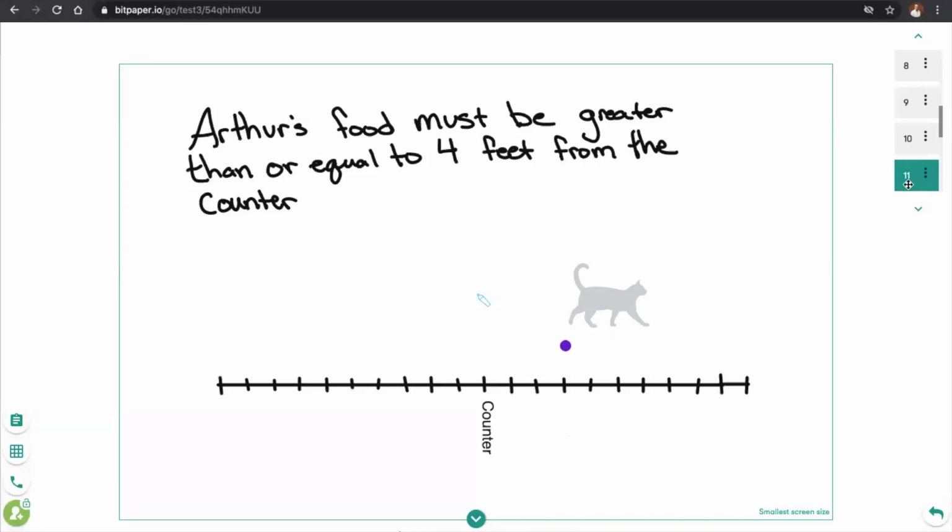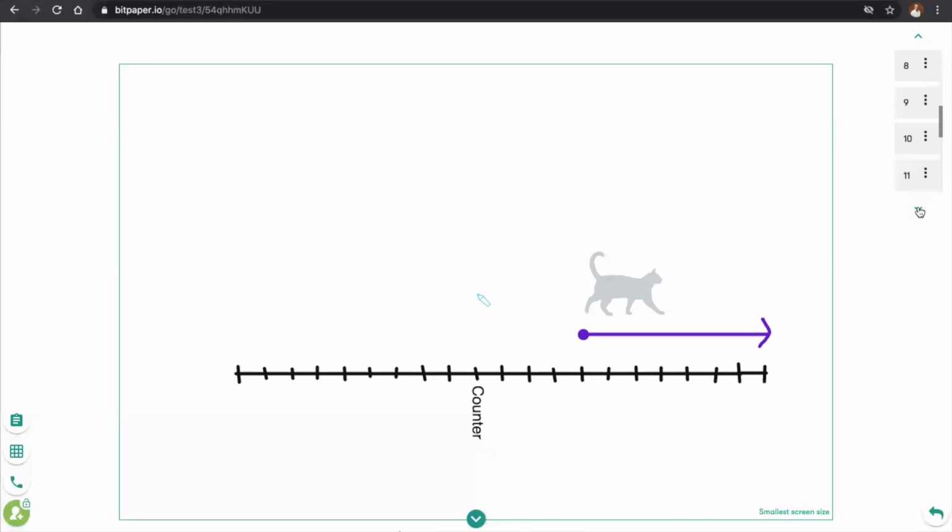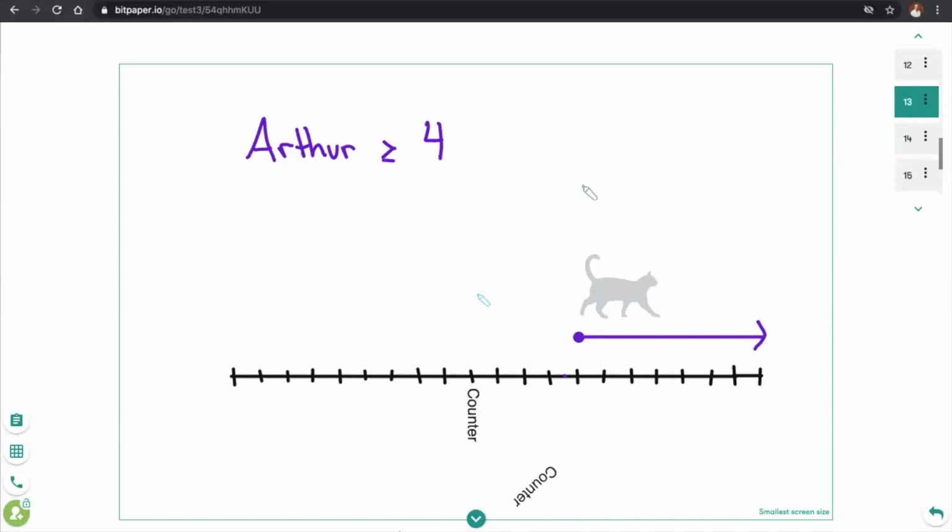So we're going to show this with this little purple dot and say that Arthur's food has to be more than 4 feet from the right of the counter. Okay, and if we add a little bit of a line there, that's what it's going to look like. And we can write this as Arthur's food is greater than or equal to 4.